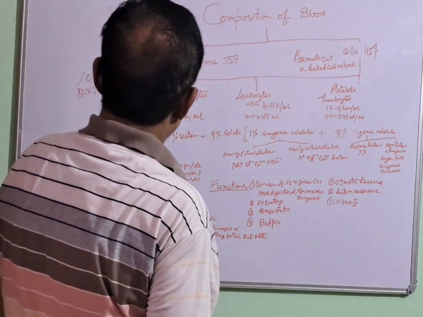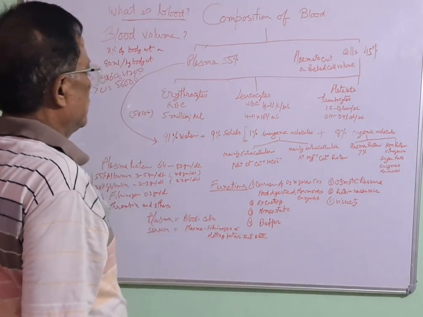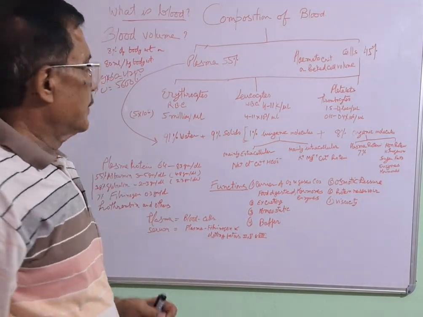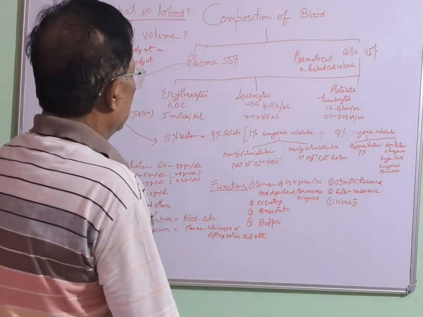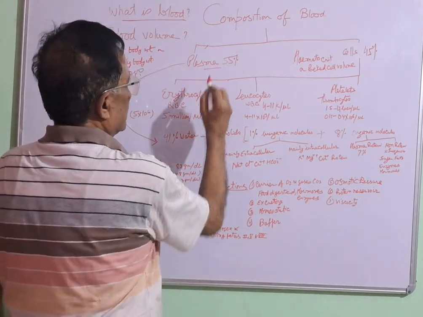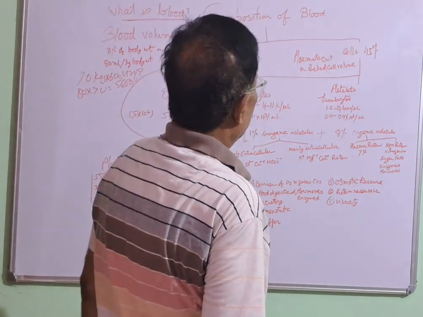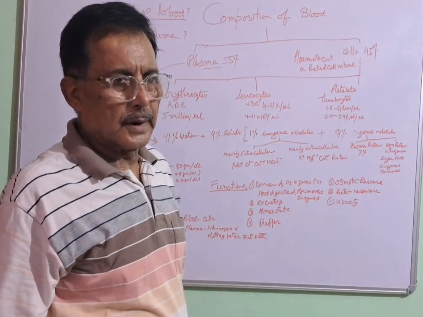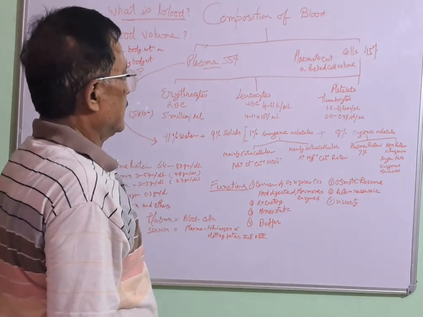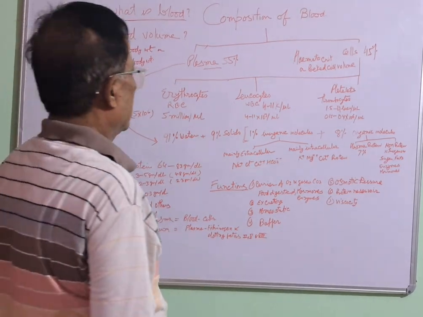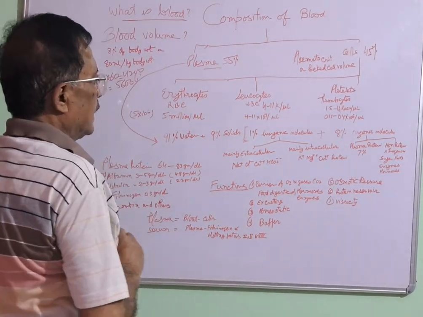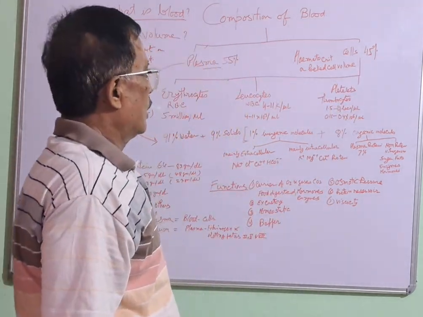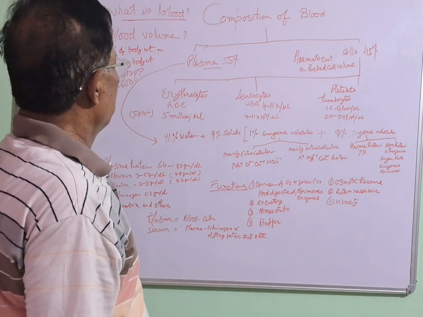Now, composition of blood. Blood is formed by two things. Plasma, that is liquid form, is 55%, and hematocrit, that is the cellular part, or packed cell volume, is 45%. Cells are known as blood cells, and there are three types.